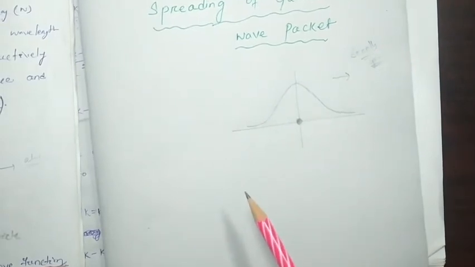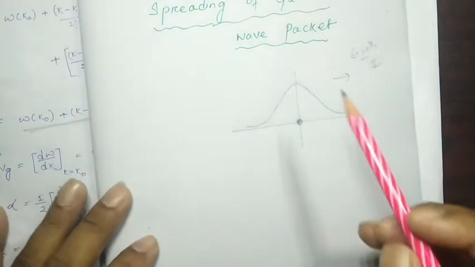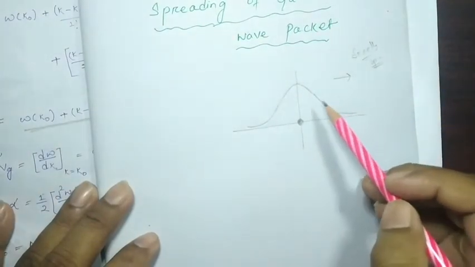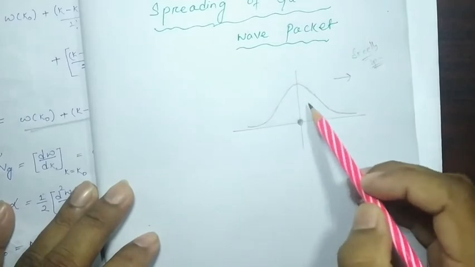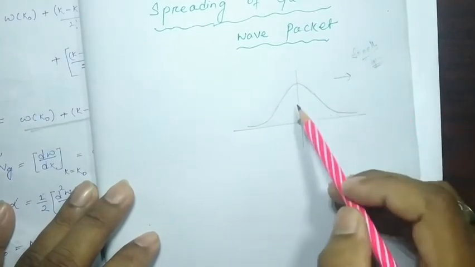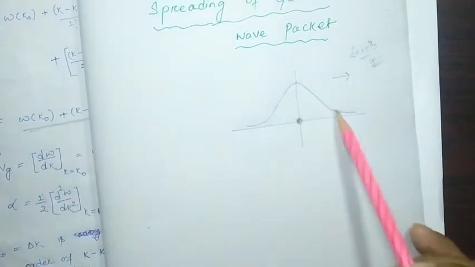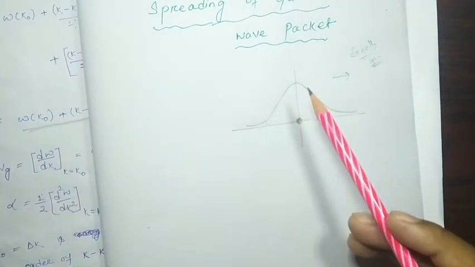Now before we analyze its behavior in the space where it will travel, first we have to represent this peak with a mathematical expression.